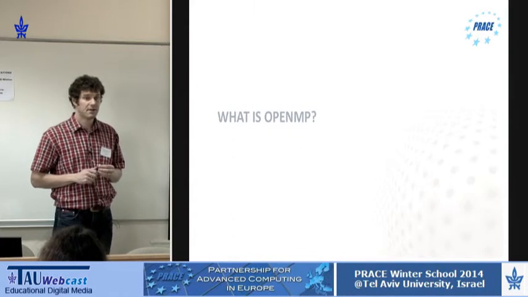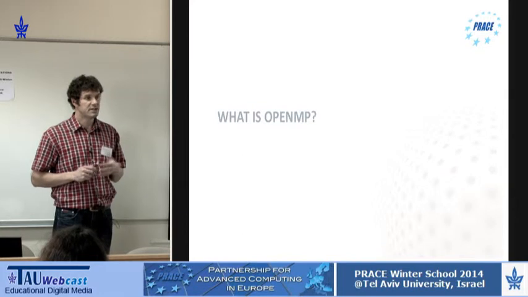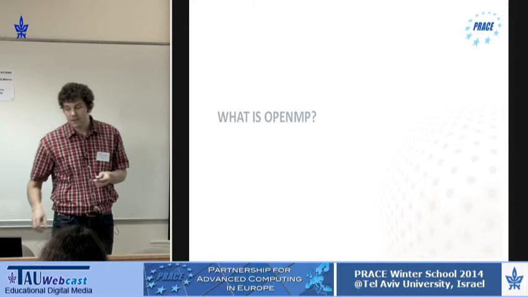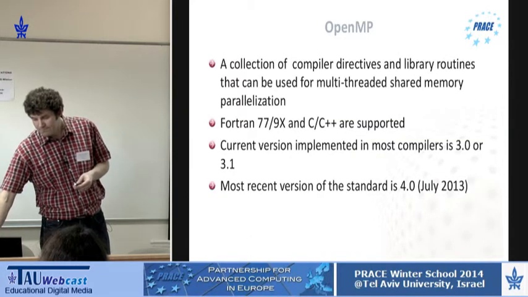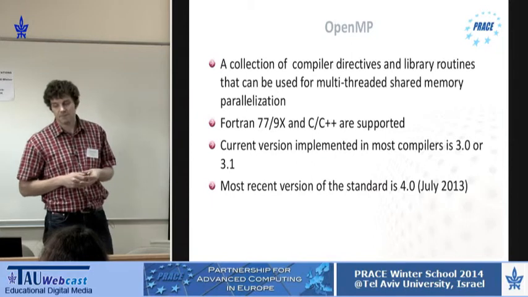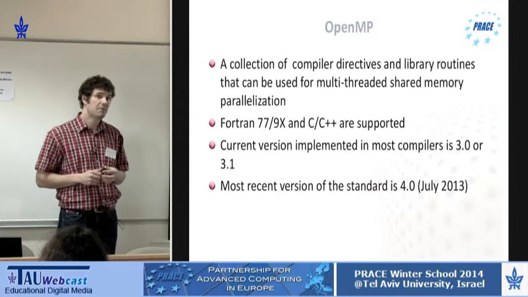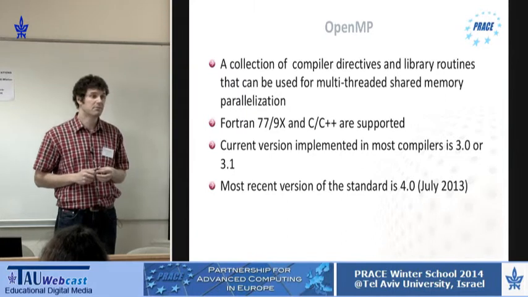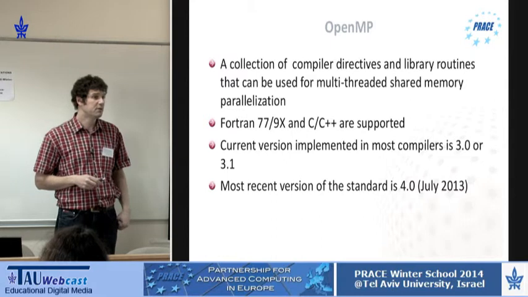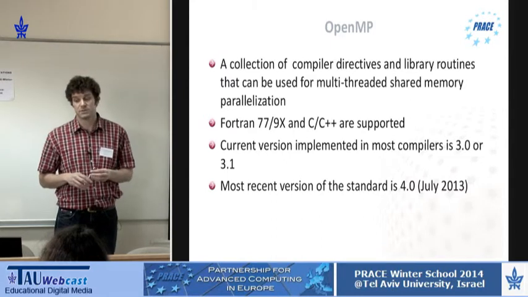There are actually different possibilities for doing thread-based programming, and there are so-called POSIX threads, Pthreads, which is one sort of standard for working with threads. OpenMP is another way, and OpenMP is in principle a standard, and a collection of compiler directives, library routines, and some environment variables that can be used in order to make serial code multi-threaded and parallel using shared memory parallelism.